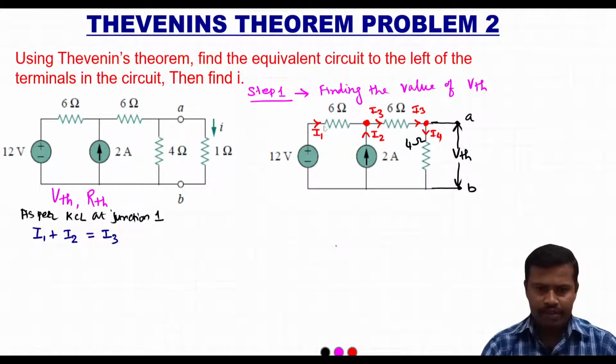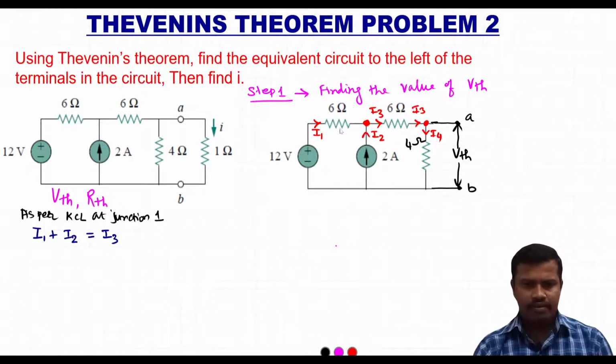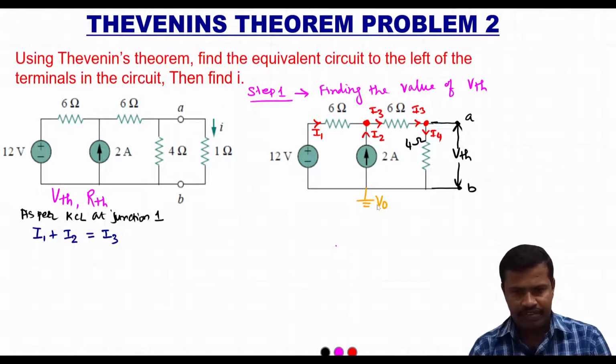Now to find out the value of I1 we need to apply the nodal analysis method. For that we need to mark the nodes. Let us say this is the reference node V0, with a value of 0 volt.